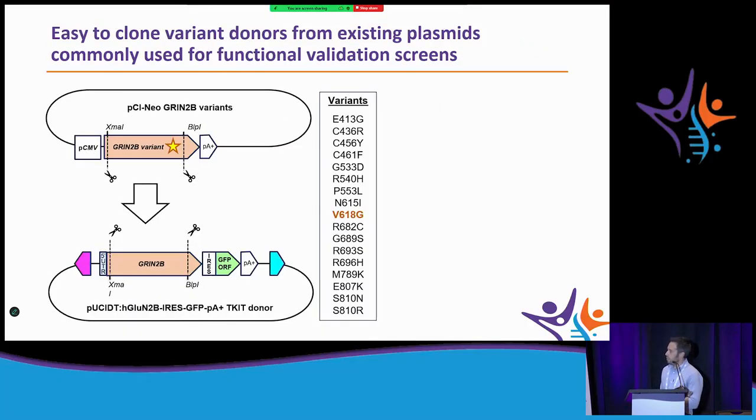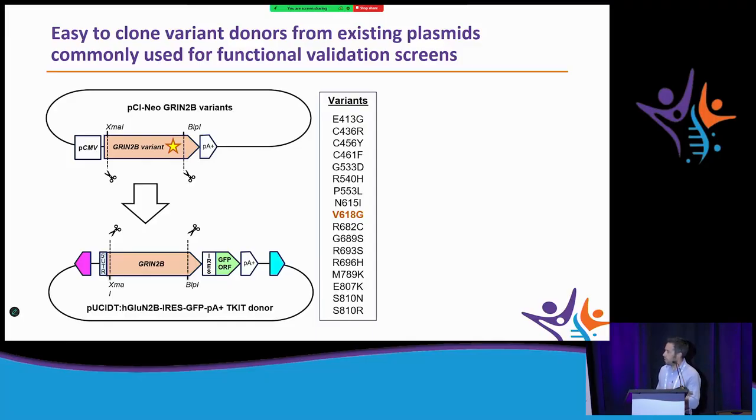And ultimately, we want to be able to do this for lots of variants. The nice thing is that with this donor construct, we can easily chop out a large fraction of the GRIN2B sequence and replace it with the GRIN2B sequence of a bunch of variants that have already been made in mammalian expression vectors.